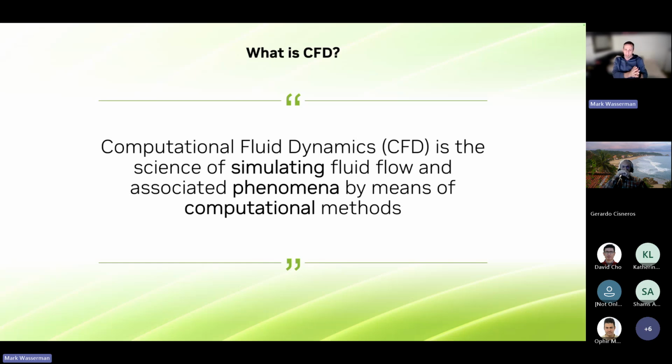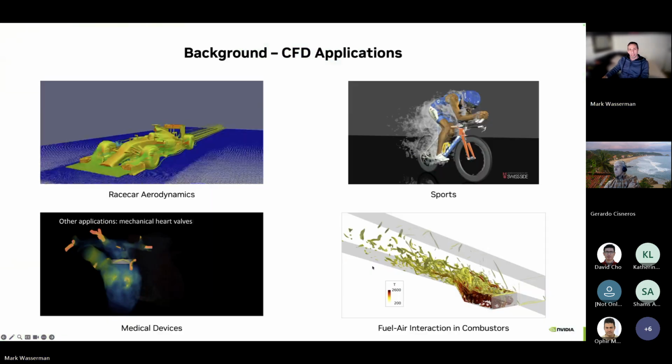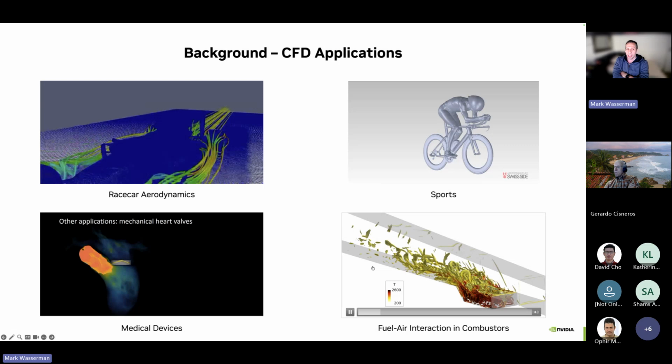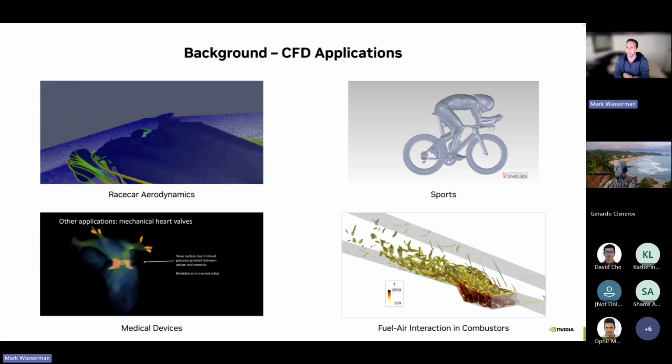But specifically CFD, the C refers to computational. Fluid dynamics is a science by itself, which involves many methods, but we're specifically interested in computational fluid dynamics, which means how to simulate fluid dynamics using computational methods. This field of CFD is really very, very advanced.